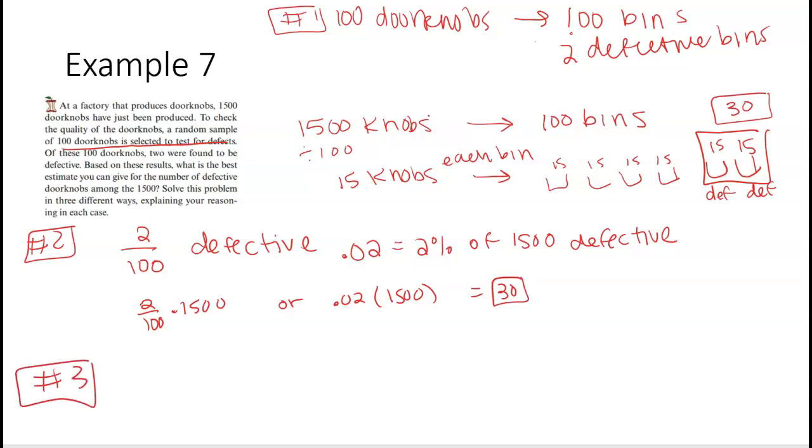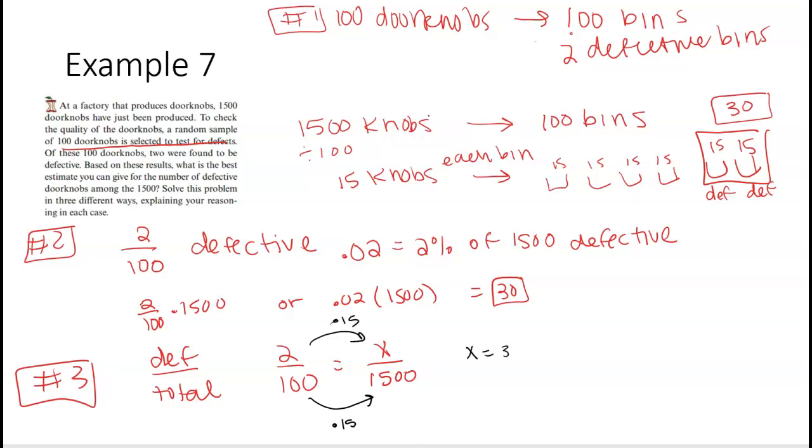So, all right, let's do a proportion, defective to total. I know it's 2 over 100 is equal to, we don't know how many defective, to the total of 1,500. So I can do this a couple different ways. I could say 100 to 1,500 is times 15, so x equals 30.